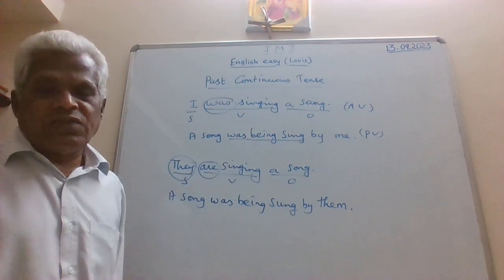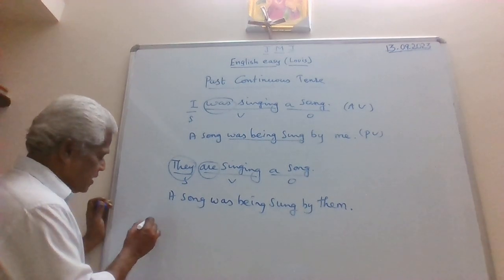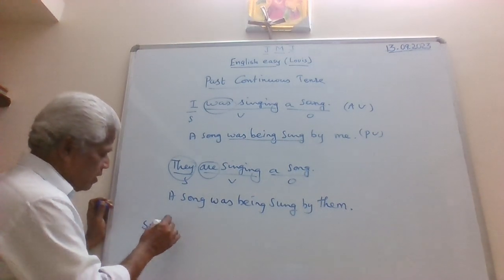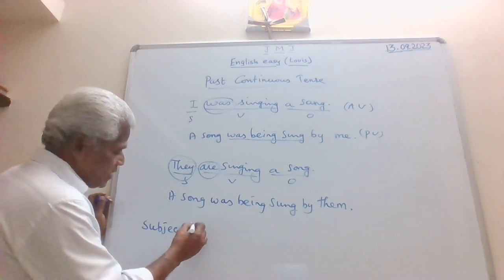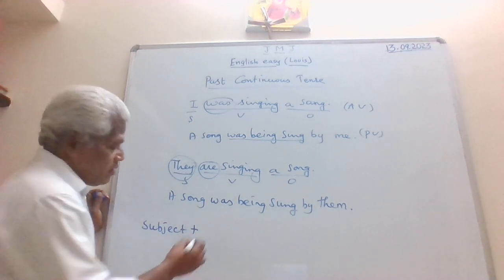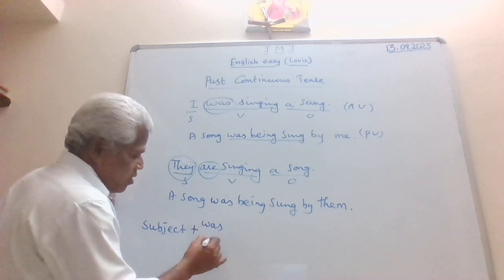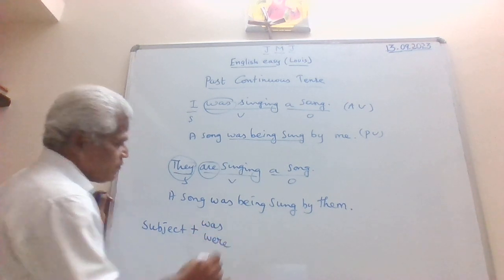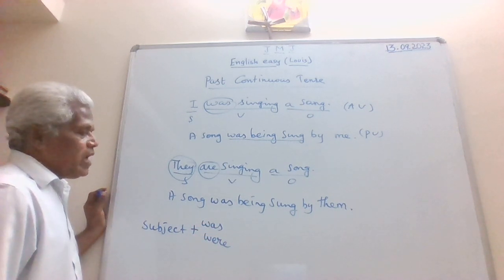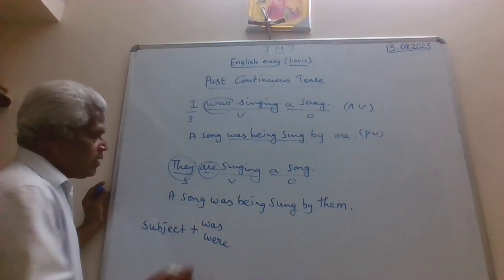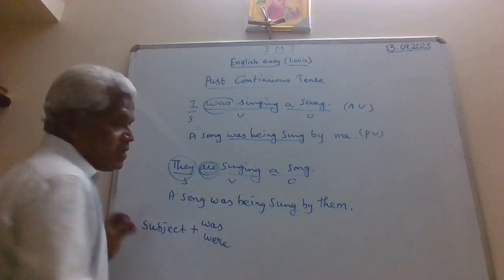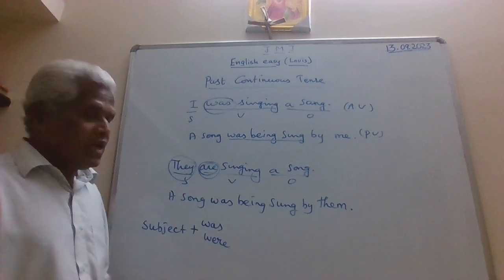For past continuous tense, what do we need? So simply we can say subject. Now you can frame the formula by yourself. See, subject and then was or were. Now here of course, you remember what I have written here.